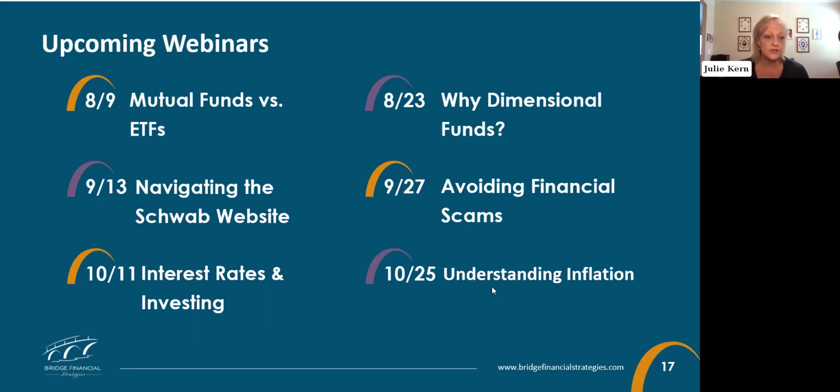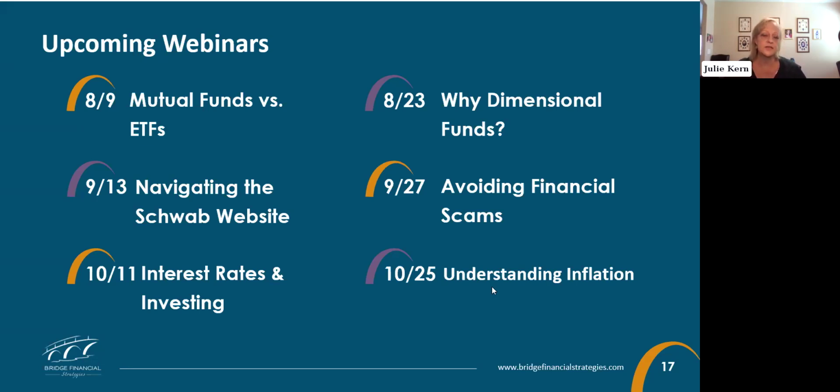And then on September 13th, Angela will be facilitating that webinar, and it will be a tour of the Schwab website and showing you how to find things and or do things that you want to do. And then on September 27th, avoiding financial scams.